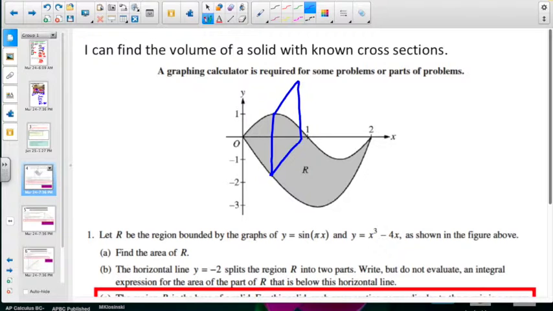Okay, I kind of missed it a little bit. There we go. If we build that square straight up, how long is that side?